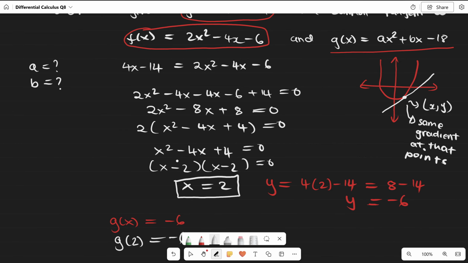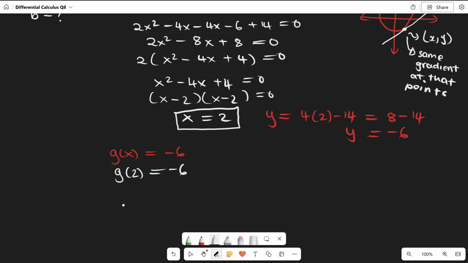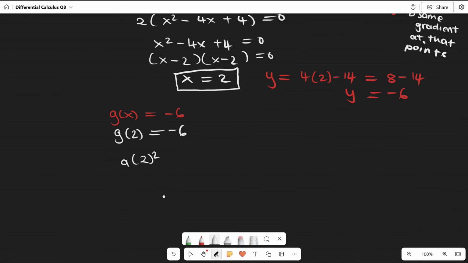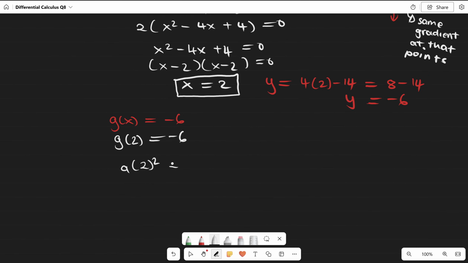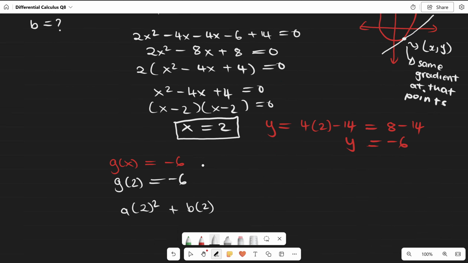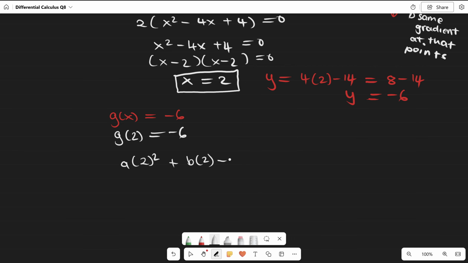If we sub in 2 into that equation, we have a times 2 squared, plus b multiplied by 2 minus 18 is equal to negative 6, right?